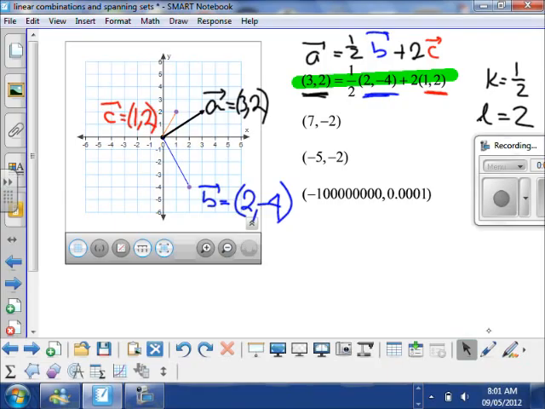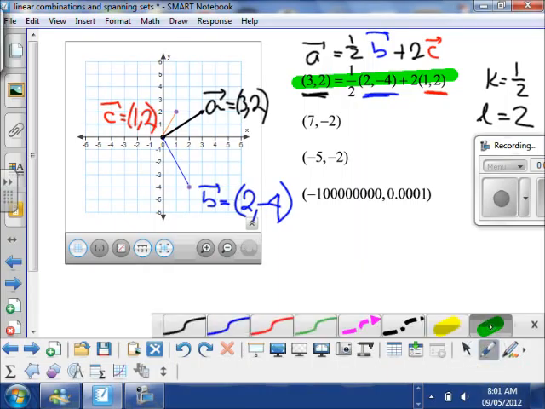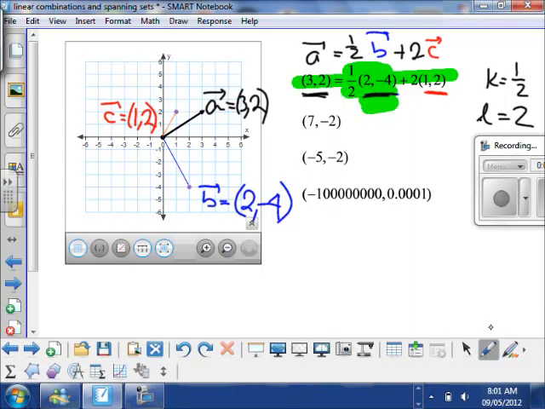Now let's see if life is good when I try to interpret this graphically. How am I going to interpret 1/2 of the blue vector? Well, that means the direction stays the same, just that the magnitude is half of what it used to be.